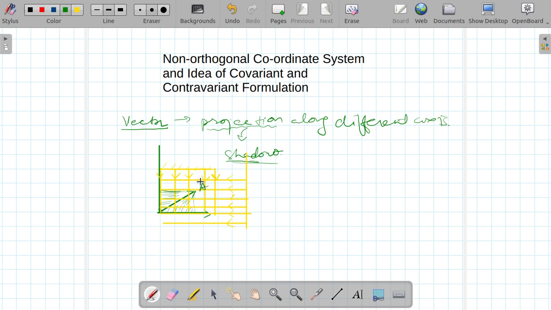And if this is vector A, then this shadowed portion is known as AX, and this is known as AY, and A is AX EX plus AY EY, and these are the unit vectors. So that's what will happen. That means the vector is expressed in terms of a projection along different axes.